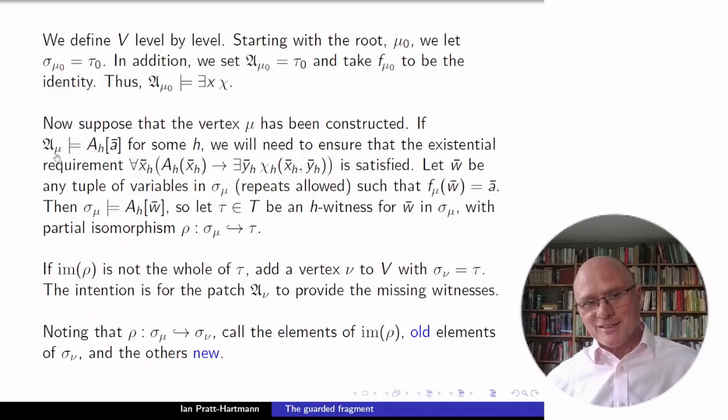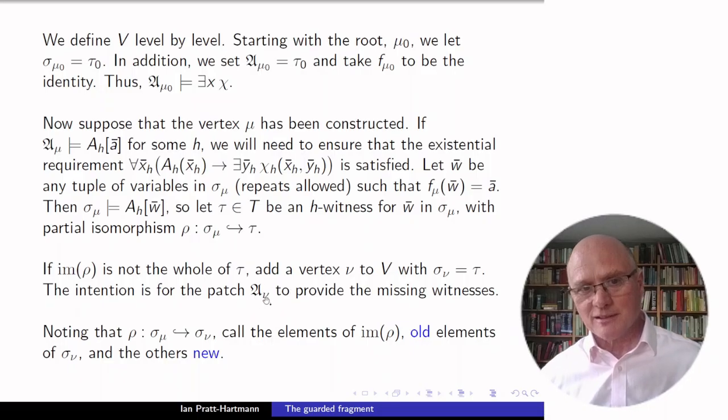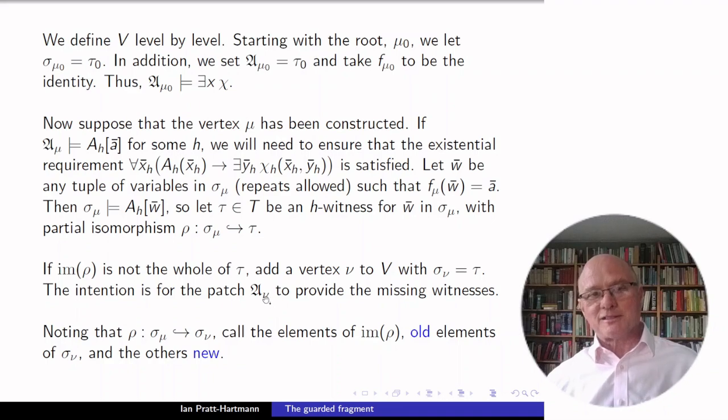So if mu is a vertex in the tree, and the structure associated with it has a tuple satisfying an antecedent of one of the witness requirements, we'll add a daughter, nu, to the tree, make that a daughter of mu, and the patch, the structure A nu associated with nu, is going to provide the witnesses required to make this witness requirement true. That's the idea.